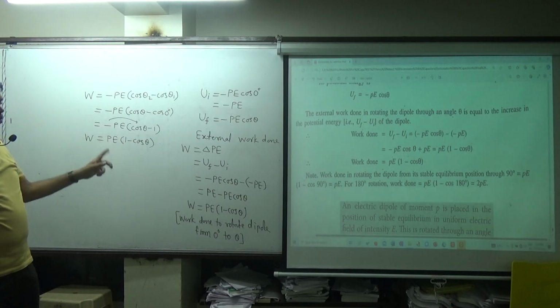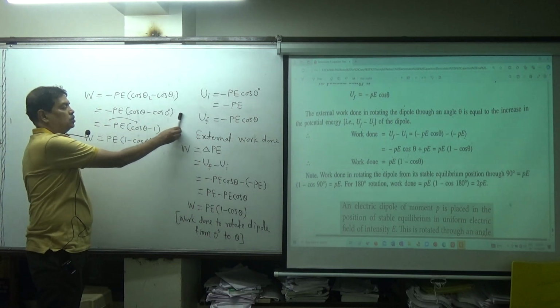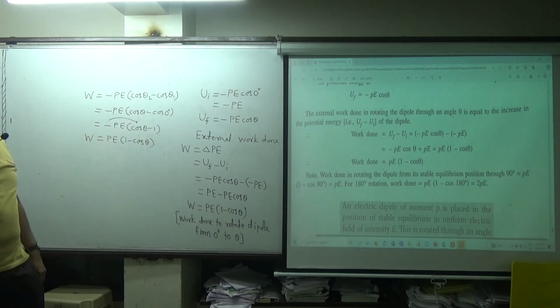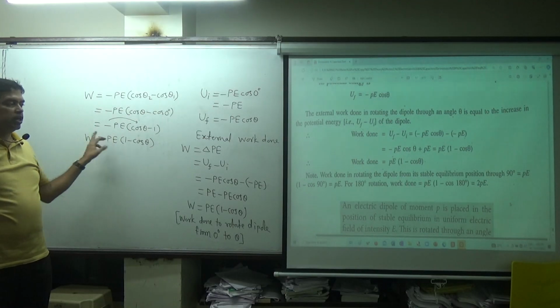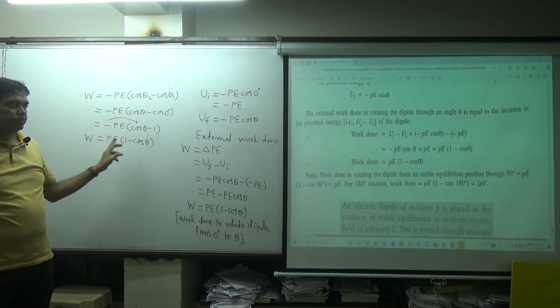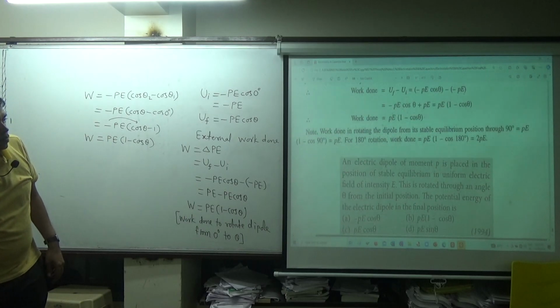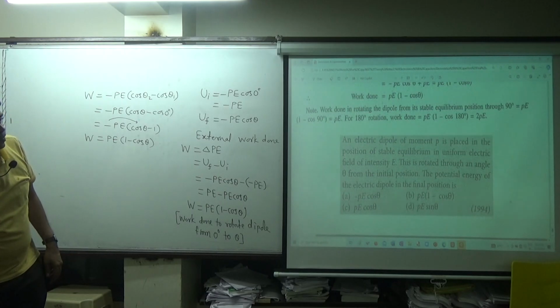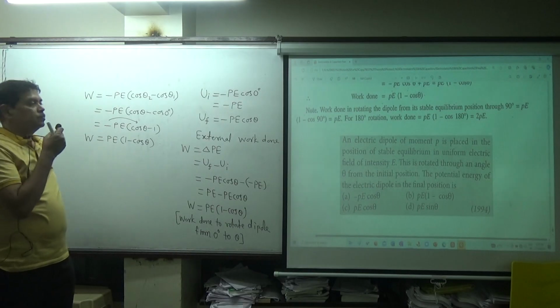So remember, potential energy is defined with respect to the 90 degree position. To the theta position, minus P cos theta, this is not the work done. Remember, this is the potential energy.